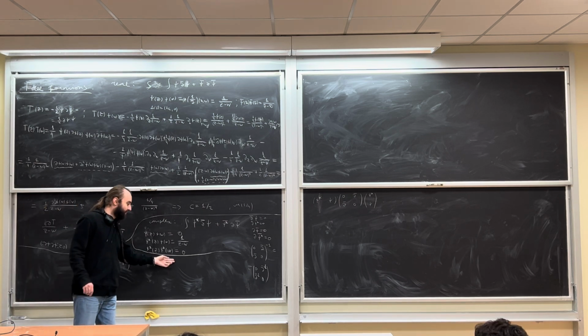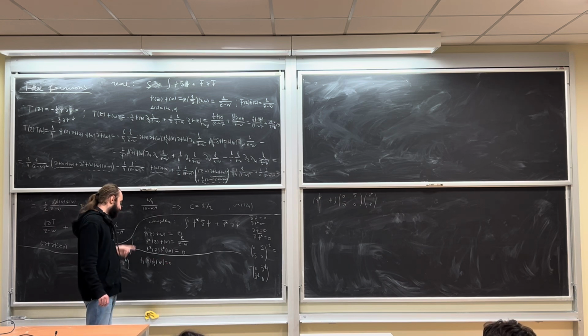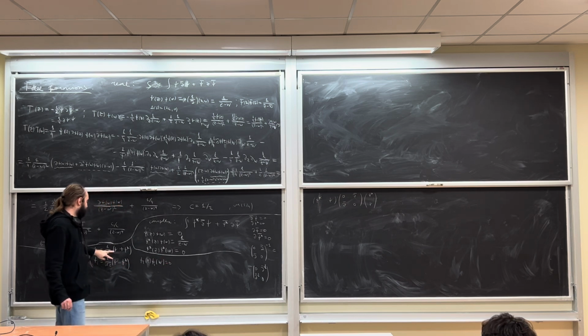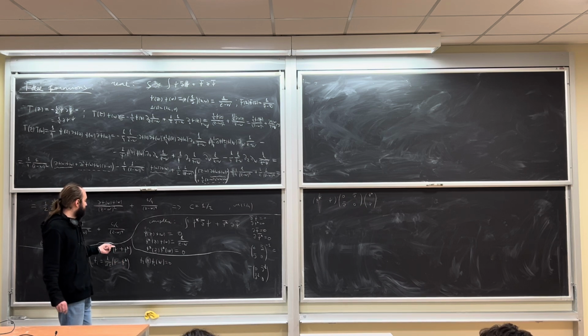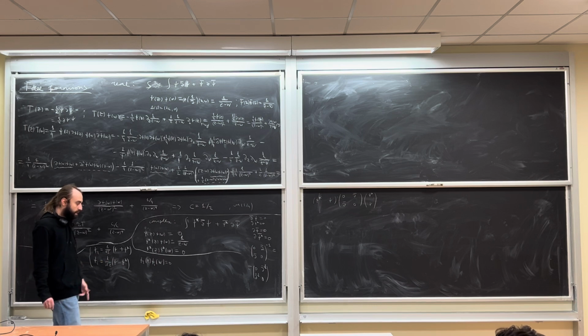I already wrote the answer. Because the OPE of psi and psi star equals 1 over z minus w, and this one also equals 1 over z minus w, together this cancels.